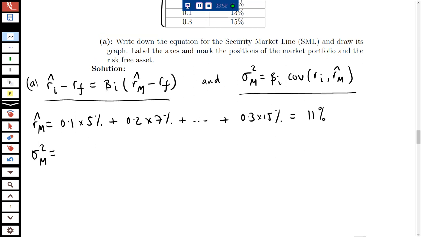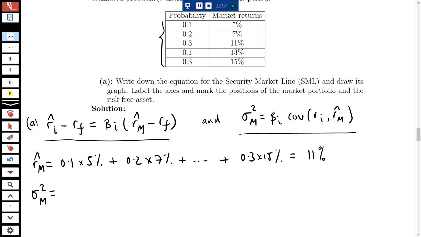So the market risk, so we're going to calculate the variance. So we calculate the deviations. So the first deviation is 5, take away 11. We square them and take the weighted average. This is the definition of the variance. We sum over all states.